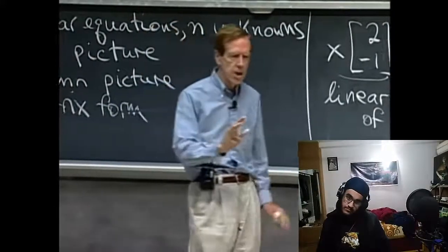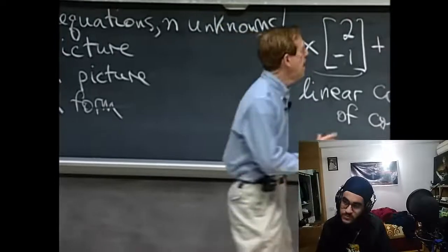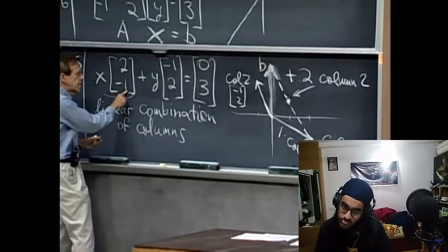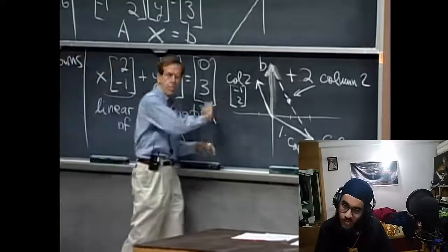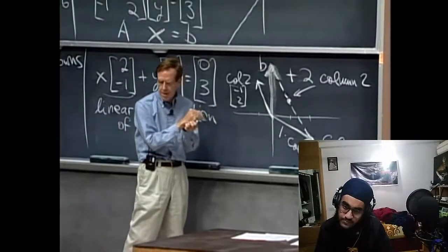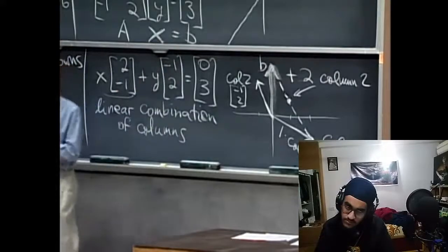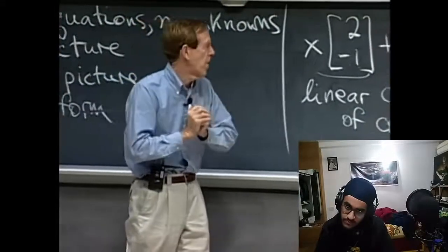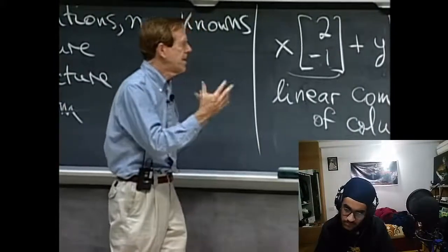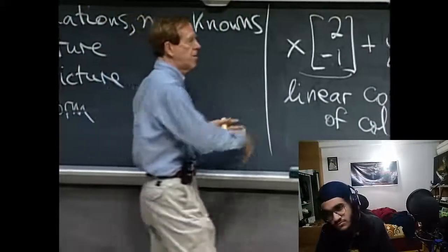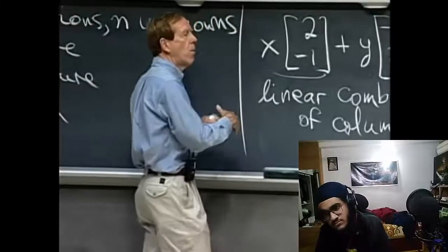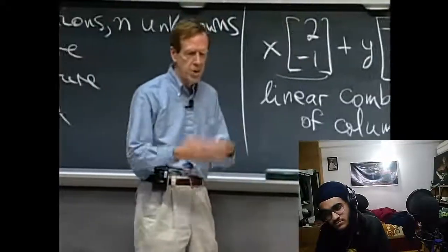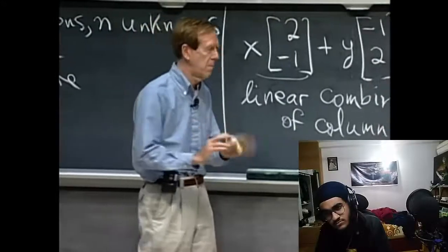And actually, the result would be that I could get any right-hand side at all. The combinations of this and this would fill the whole plane. You can tuck that away. We'll explore it further. But this idea of what linear combination gives B and what do all the linear combinations give, what are all the possible achievable right-hand sides, that's going to be basic.